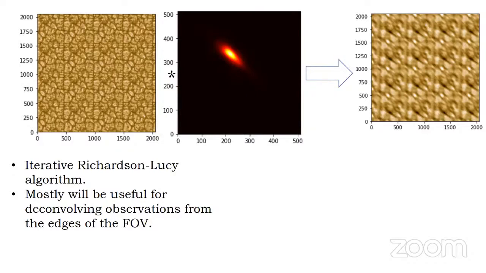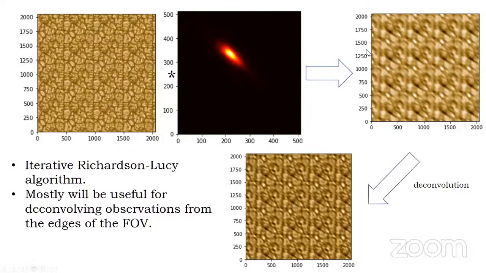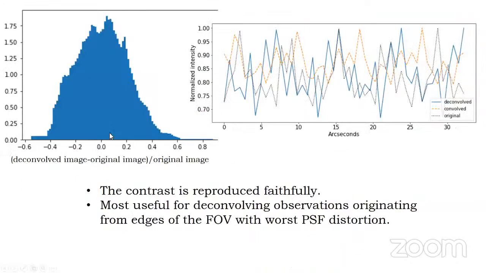It has been used extensively in many imaging telescopes like AIA and HST. So as you can see, again, from the same convolved map, we can recover a flux map like this. As I mentioned earlier, it will mostly be useful for deconvolving observations from the edges of the PSF. So to quantify how the deconvolution algorithm actually performs, here I show a normalized distribution of the deviation from the original image divided by the original image.